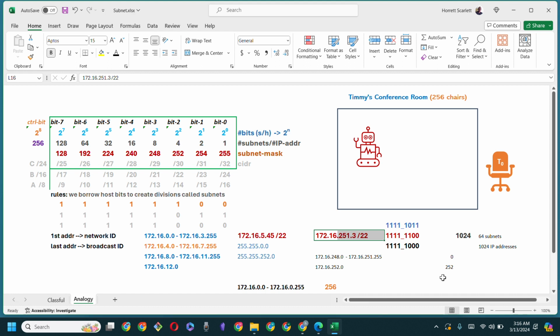Remember, once again, we are using a /22 slash notation. So I think this has been a lengthy video, but we have covered the essentials of subnetting, and what we have just done to a class B address can also be applied to a class A address, and so on.